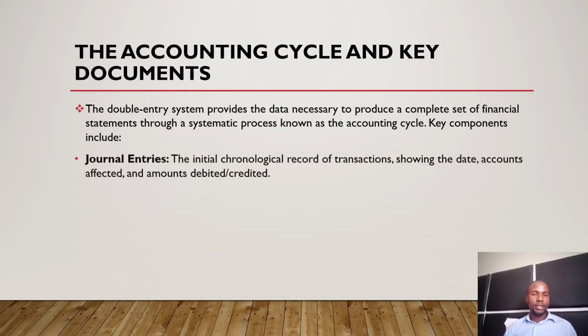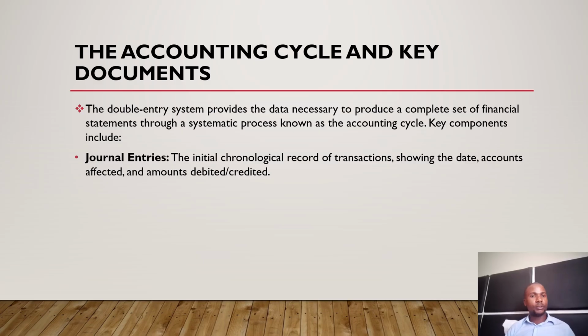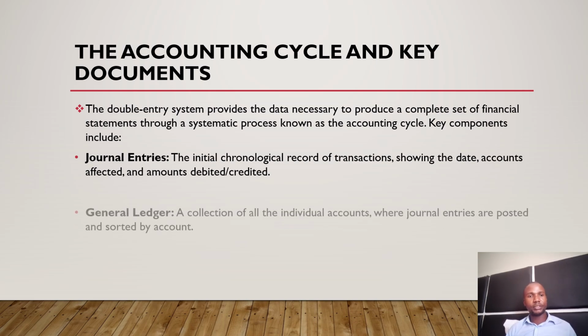The key components include the journal entries. This is the initial chronological record of transactions showing date, accounts affected, and amounts debited or credited, as we're going to see in due course. The journal entries in other books are referred to as the books of original entry. It's the very initial step in the recording process.